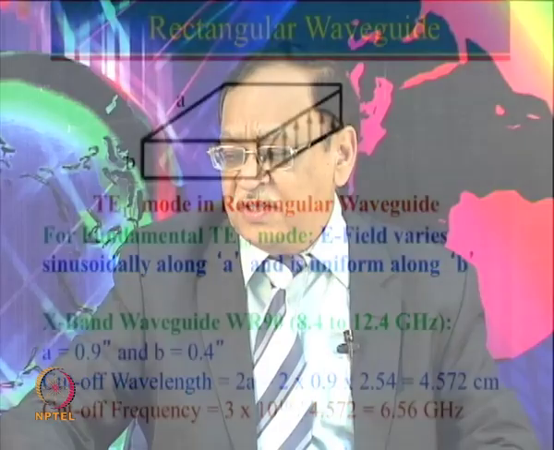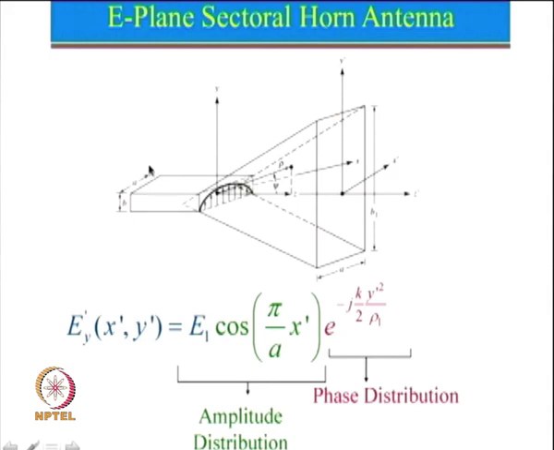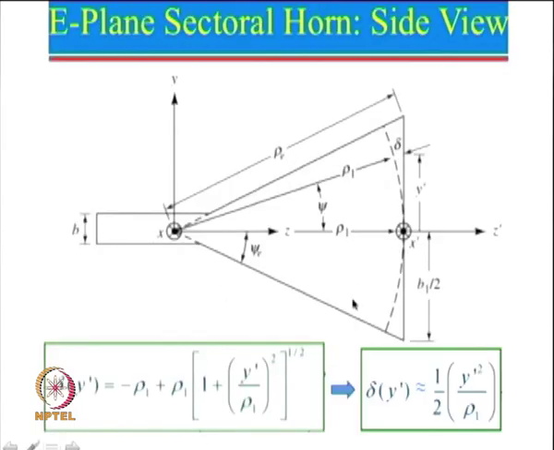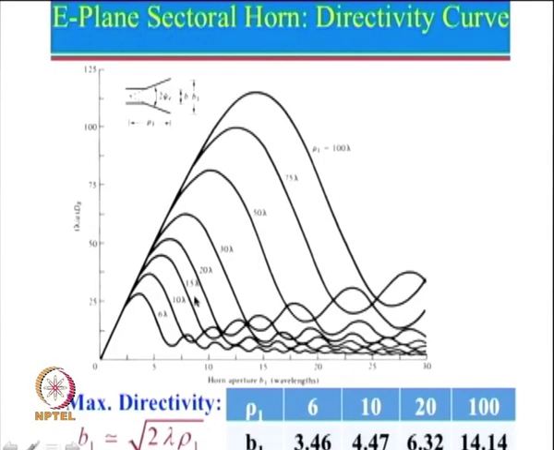Now let us very quickly go through what we discussed in the last lecture. We started with the E-plane sectoral horn, expanded in this direction, found the phase error, and looked at the directivity curve. We saw that as B1 increases, directivity increases initially and then starts decreasing, mainly because phase error is increasing.